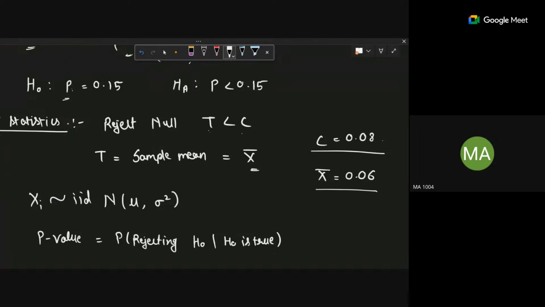If you want to decide to reject or accept the null, you have to compare the same quantities. So C is the highest sample mean. If you get a sample mean lower than this C, then reject your null. That means we are saying that the new machine is good compared to the older one.